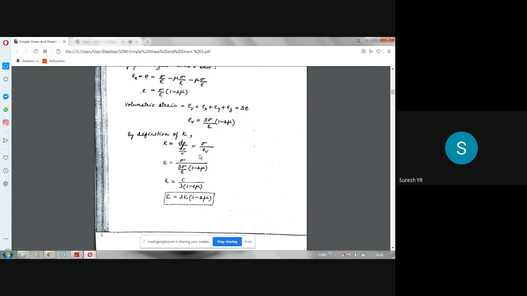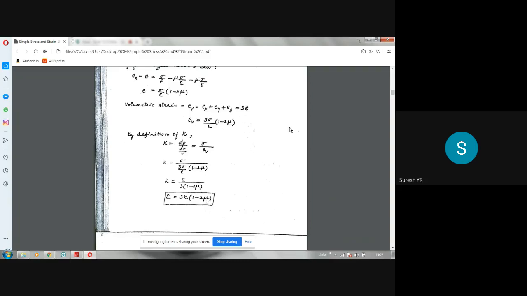Therefore K is equal to sigma divided by e_v, which is sigma divided by 3 sigma by E into 1 minus 2 mu. So sigma gets cancelled, E goes to the numerator, and you get K equal to E divided by 3 into 1 minus 2 mu. If you cross multiply, E is equal to 3K into 1 minus 2 mu. So this is the relationship between Young's modulus, bulk modulus and Poisson's ratio.